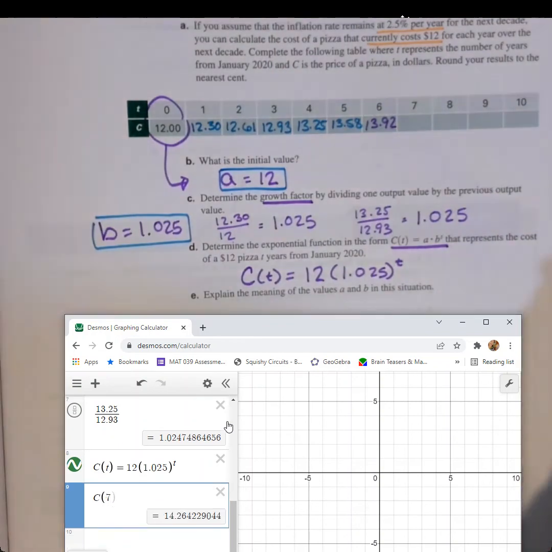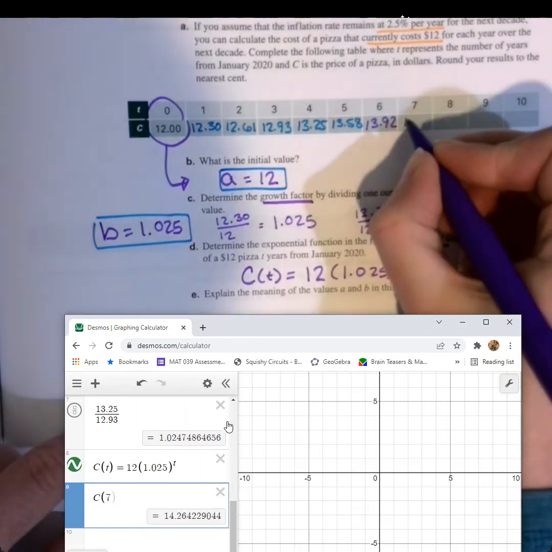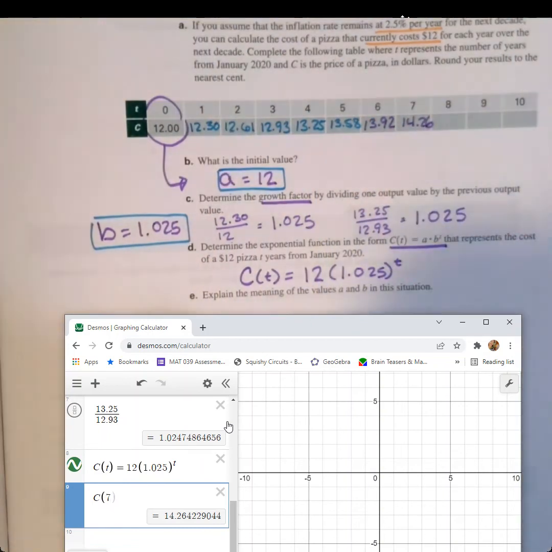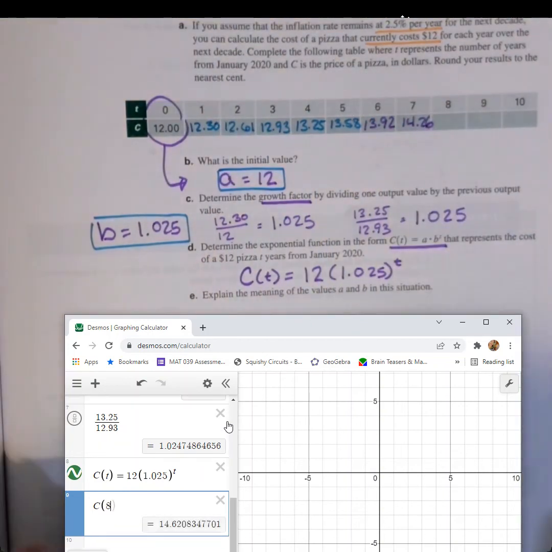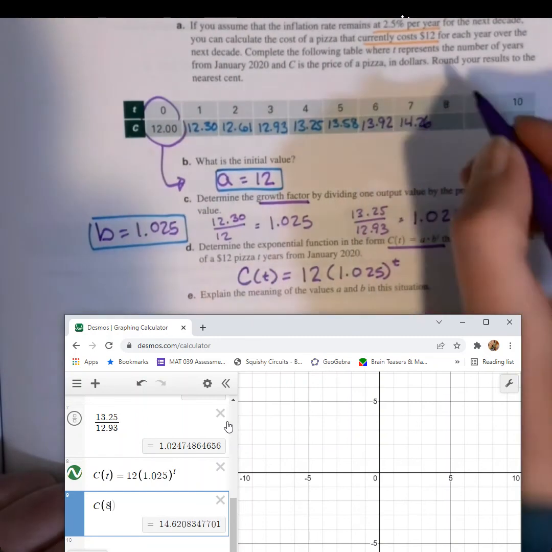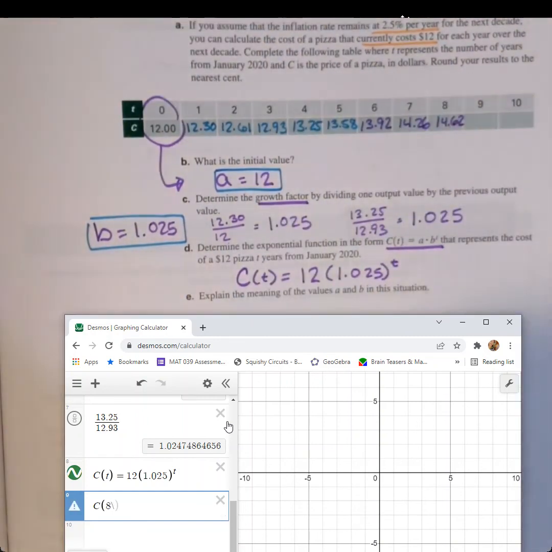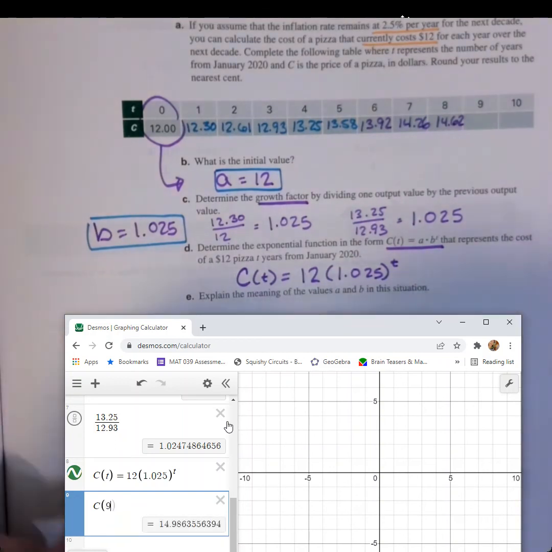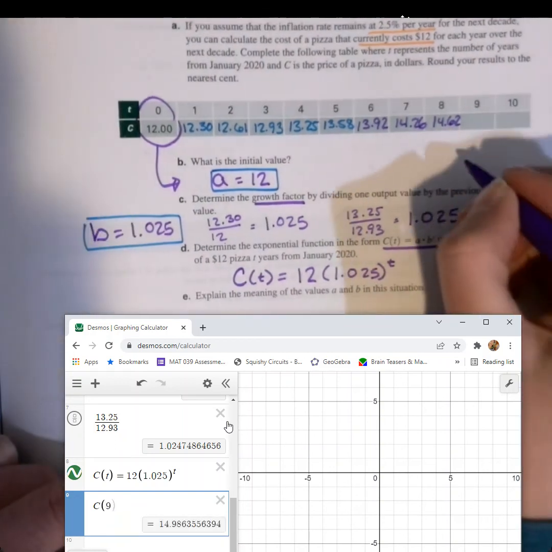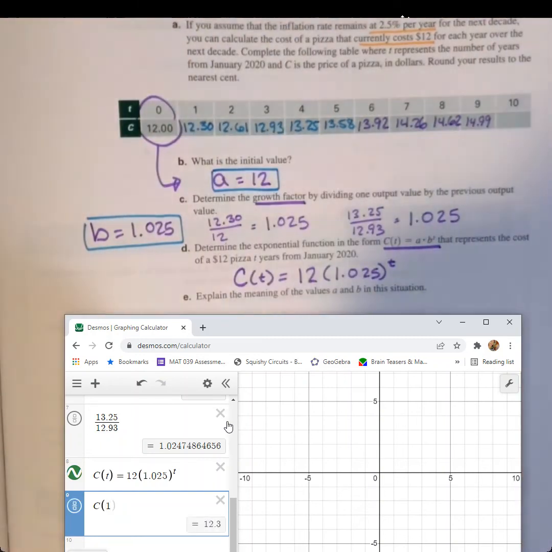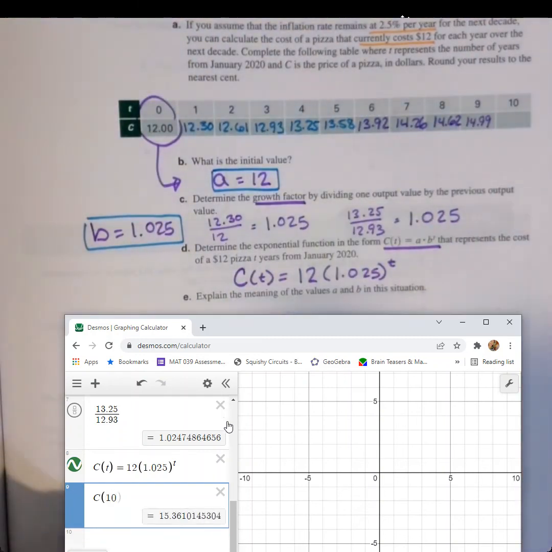And C of 7, this one would be 14.26. C of 8, 14.62. C of 9, 14.99. And 10 years later, 15.36.